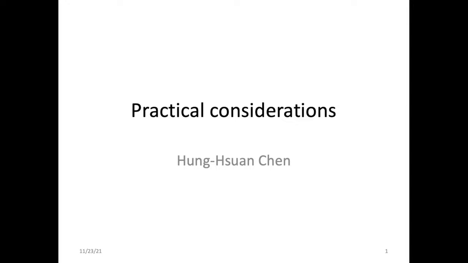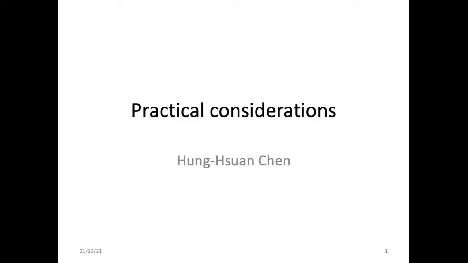Okay, now I want to talk about some practical concerns when using machine learning models. Let me tell you my plan for the next couple of weeks. We finished discussing some of the most popular traditional machine learning models, including support vector machine, logistic regression, linear regression, Ridge and Lasso, KNN.